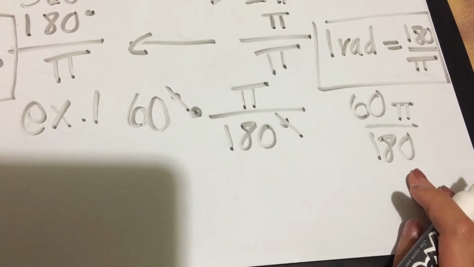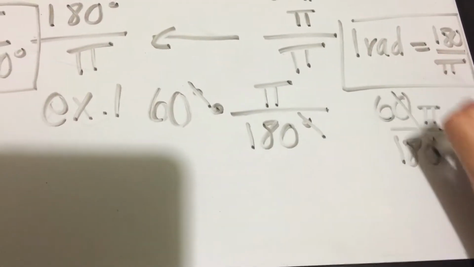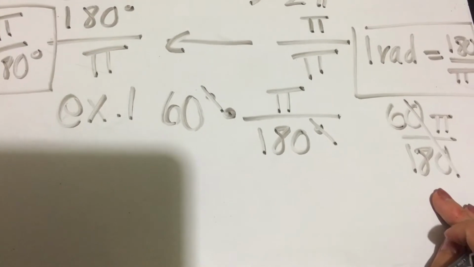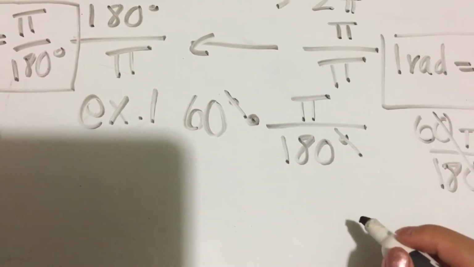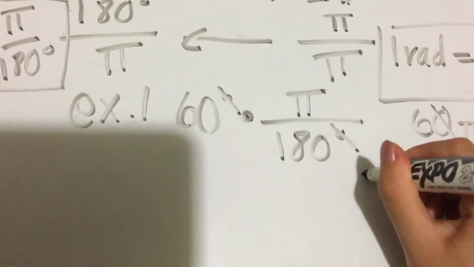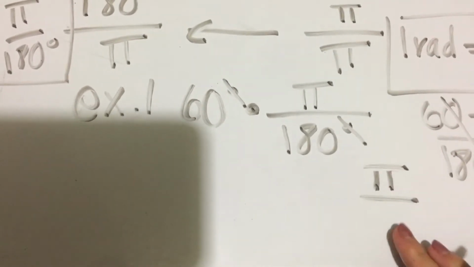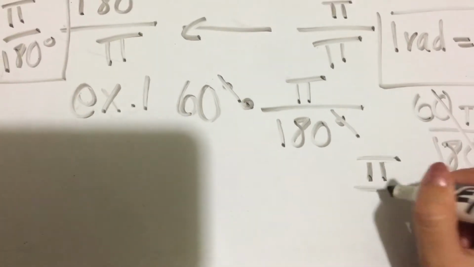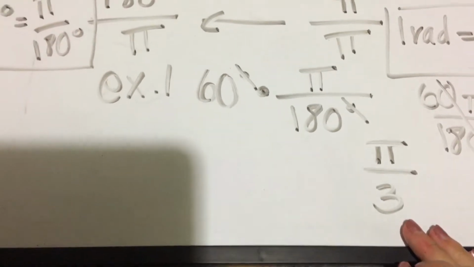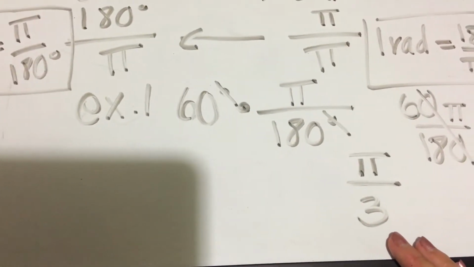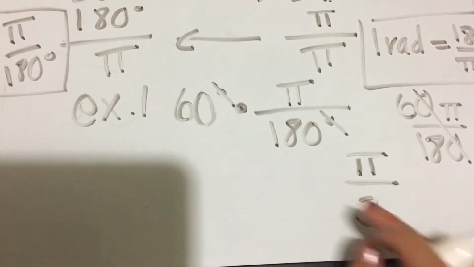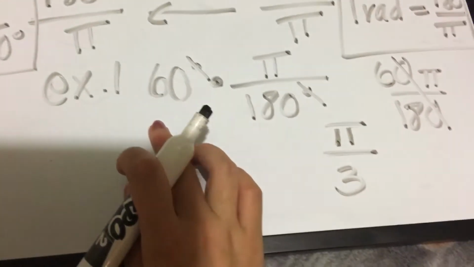All that's left is to reduce, simple division, and that gets us 6 over 18, which is 1/3, leaving us pi in the numerator and 3 in the denominator. Pi over 3 is our answer in radians for 60 degrees.